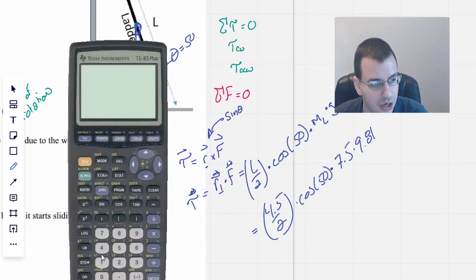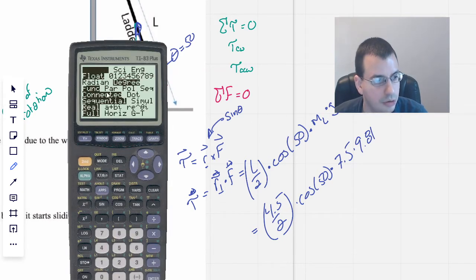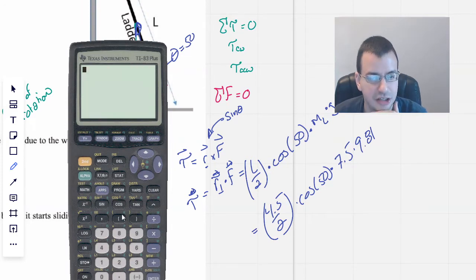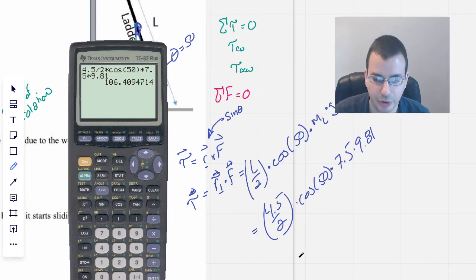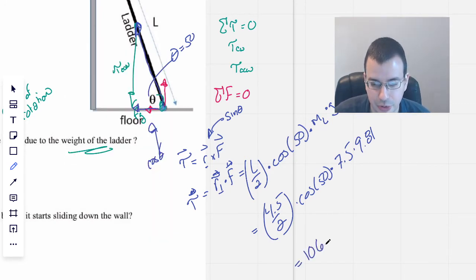Grab a calculator, on, mode, make sure it's in degrees, that's excellent. So we'll do 4.5 divided by 2 times cosine of 50, close the parentheses, times 7.5 times 9.81. Looks reasonable, and we get an answer of 106.4. And since this is torque, this will be Newton meters.